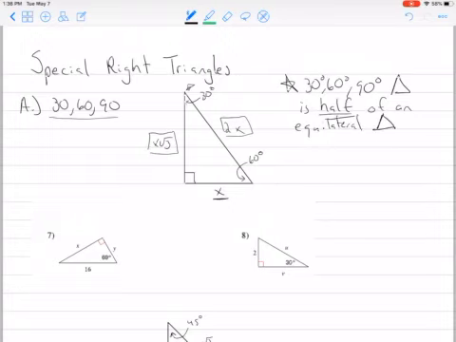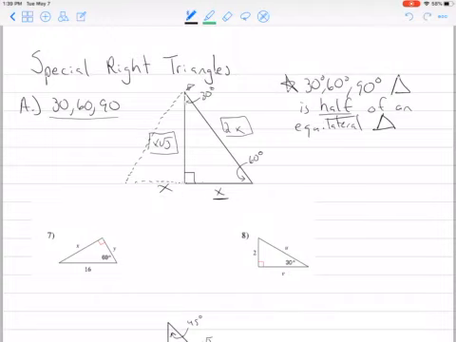If I drew another one of these exact triangles right here, this is x, so this side is 2x, right? You see that we have 2x lengths on each side. It's a 30, 60, 90, two of them make an equilateral triangle. So that's just something that you should notice.